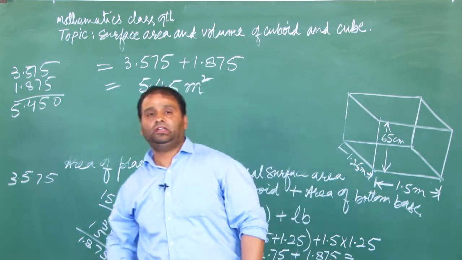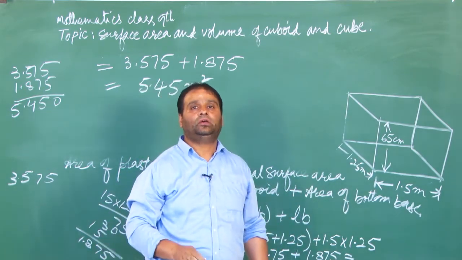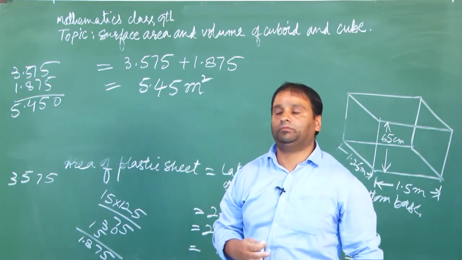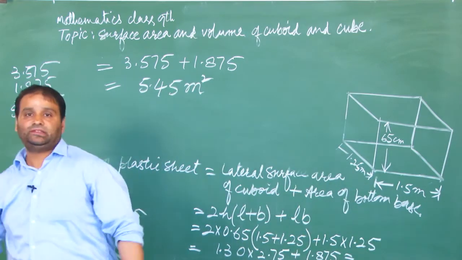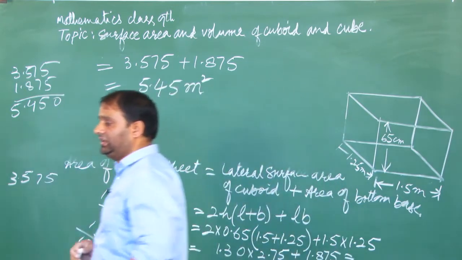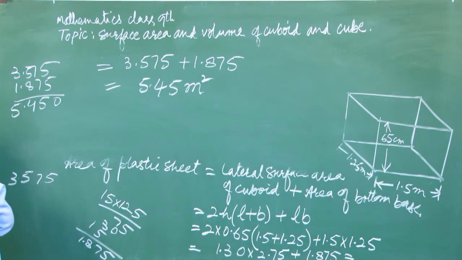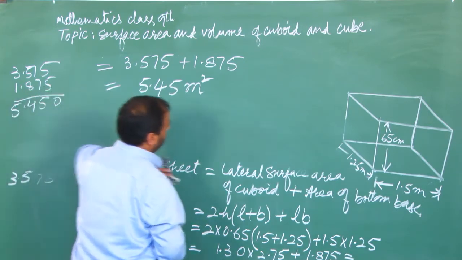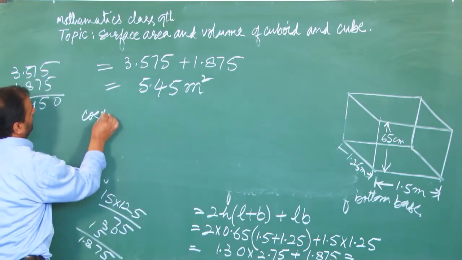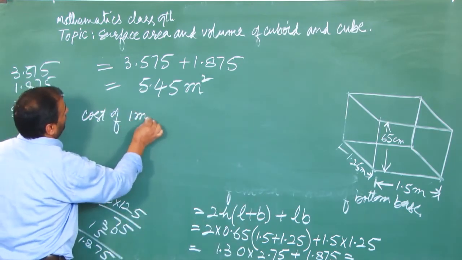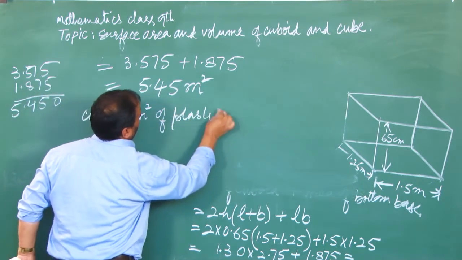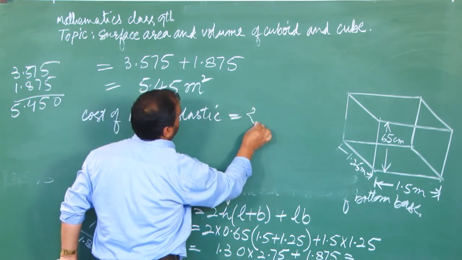Now, we need to find out the cost of the plastic for making such a plastic box. What is the cost per meter square of that plastic material? It is rupees 20. Write down: cost of 1 meter square of plastic is rupees 20.